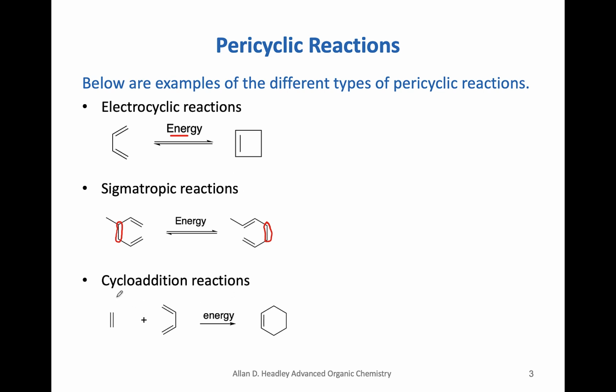The last type of pericyclic reactions that will be covered in the next lecture is the cycloaddition reaction. So what this is, it involves 2 molecules. And what happens here is that a ring or cyclic product is typically formed because of cycloaddition.